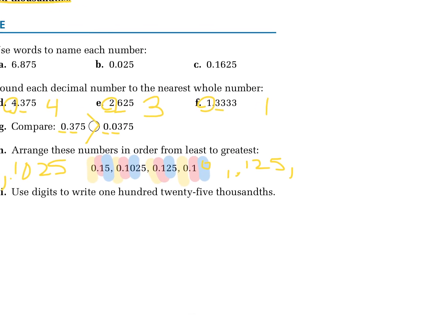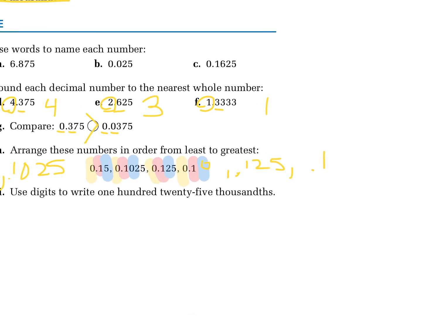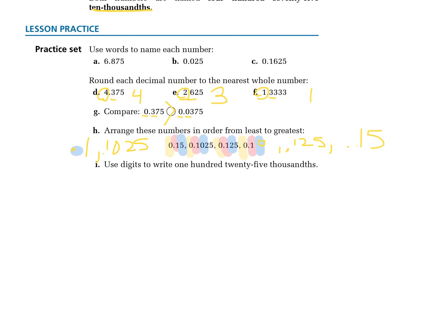And then the last one would be 15 hundredths. I hope you can read that. Anyways, I use the digits to write 125 thousandths, and it's a decimal.